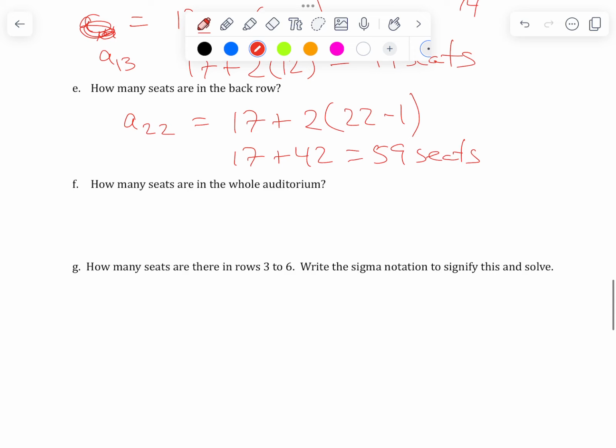How many seats are in the whole auditorium? Now I'm going to use sigma notation. So starting with row 1 up to the 22nd row. And then I'm going to stick in 17 plus 2 times n minus 1. Stick that in Desmos and get my answer.